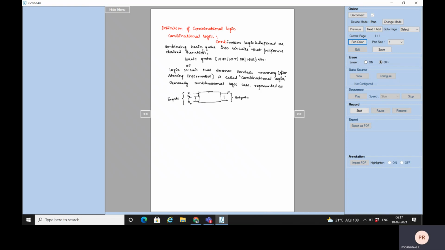So these m number of outputs we can represent as y0, y1, y2, etc. yn.